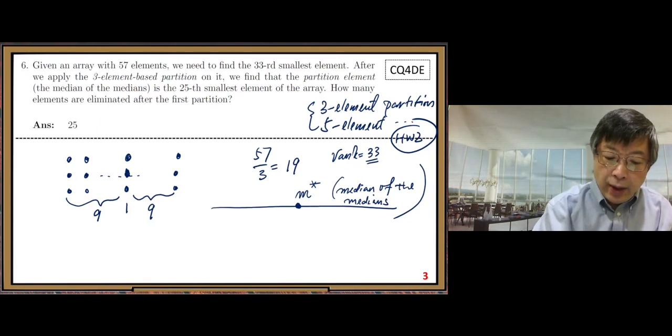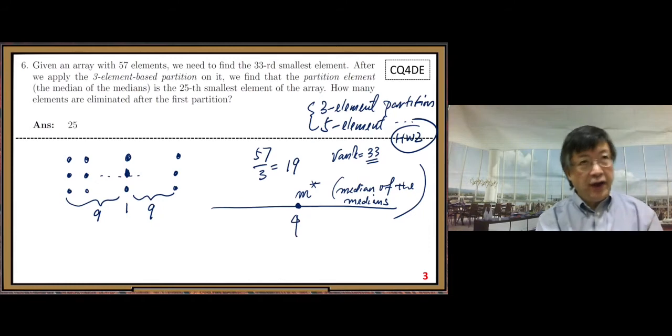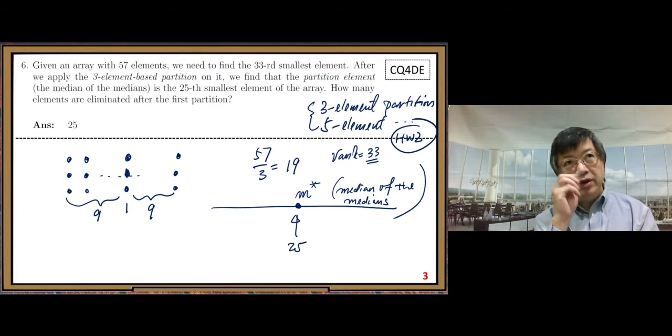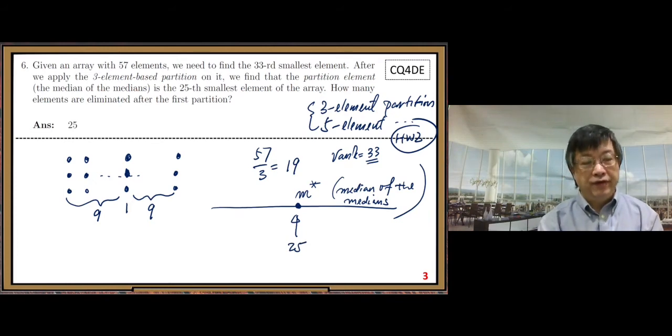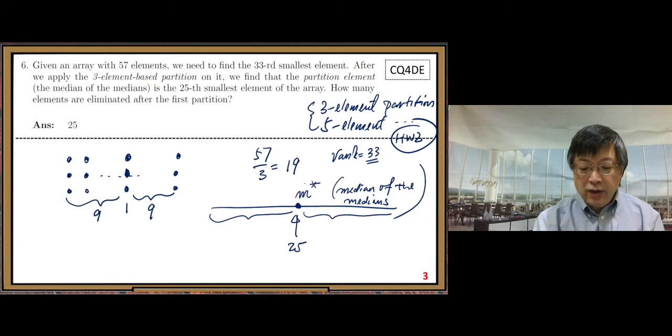All right. So we find the partition element. This M star is the 25th smallest, so its rank is 25. Now the current rank number is 33, right? That means we have two subarrays, but this one also should be dropped.